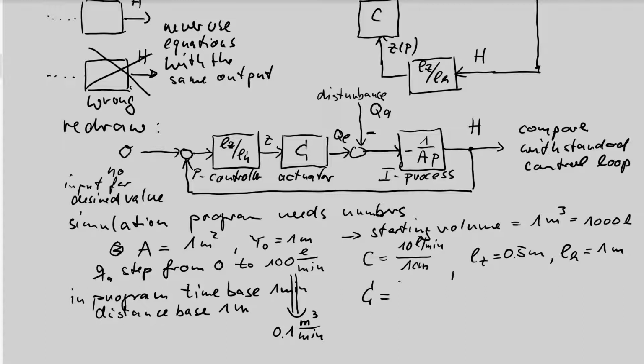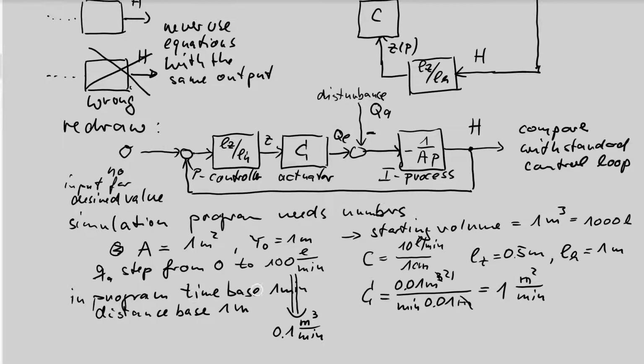And C is 0.01 cubic meter per minute divided by 1 centimeter, and 1 centimeter is 0.01 meter. And you see here you can delete 1 meter, and we have here square meter in the top. So we have finally 1 square meter divided by minute.